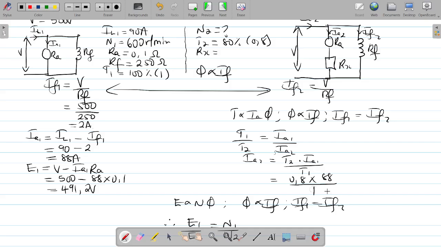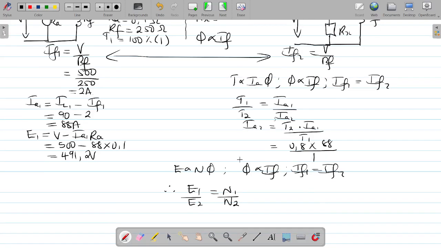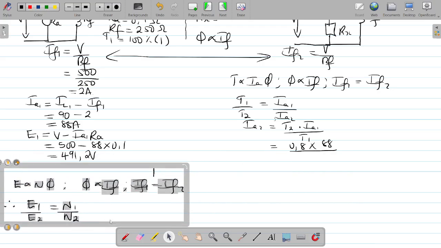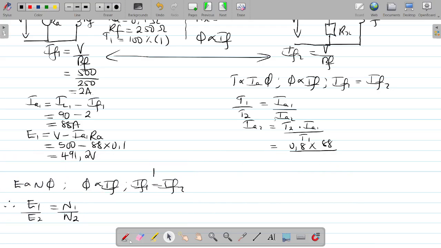This is divided by 1. So 88 times 0,8, 70,4.